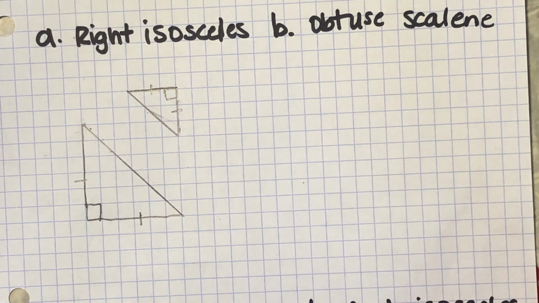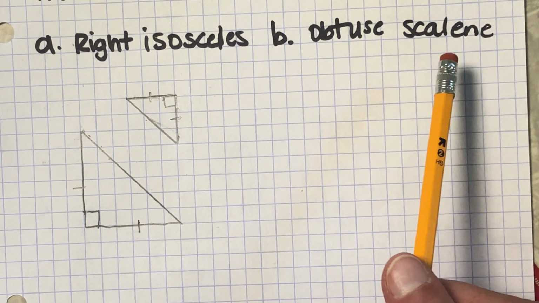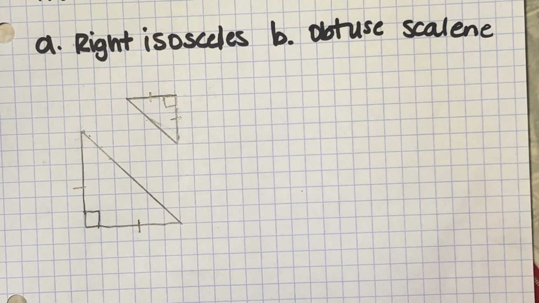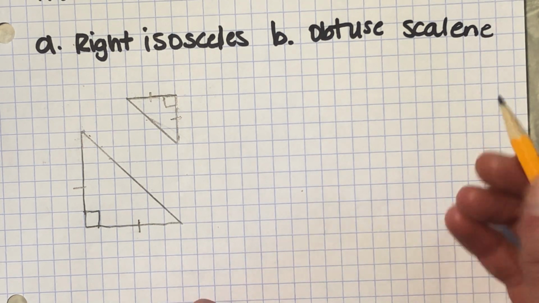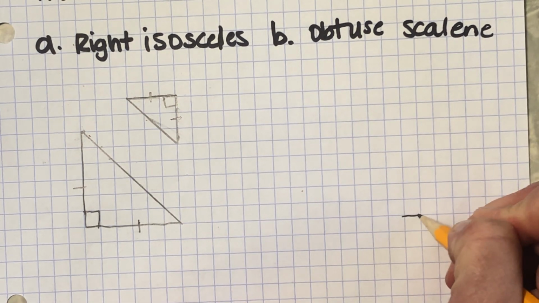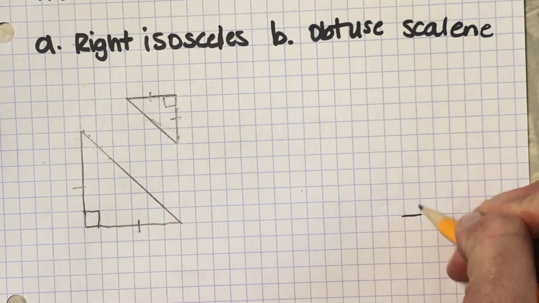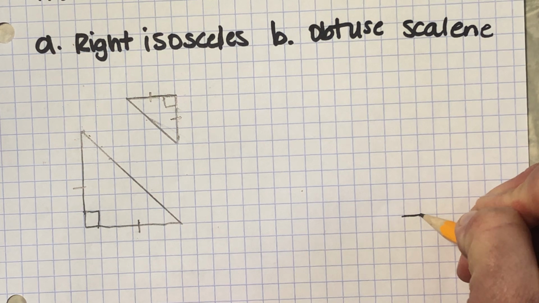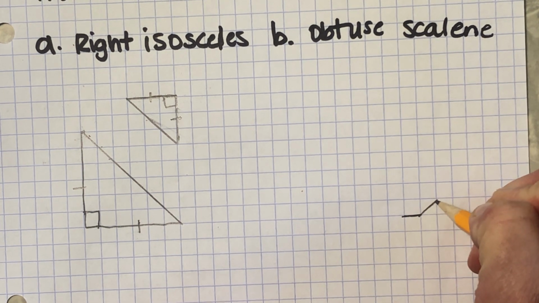Our next one is obtuse scalene. This one is perhaps the coolest triangle to draw, and it might be one of the most challenging to draw because we've got to get that obtuse angle and make the side lengths different. So once again, I'm going to remember that I can't draw a right angle. I've got to make it go this way.